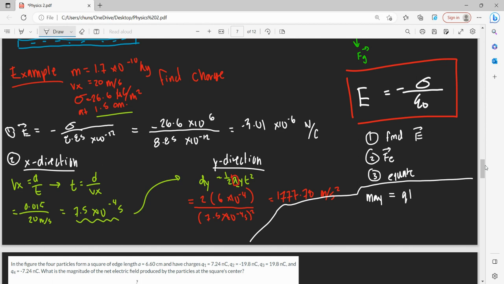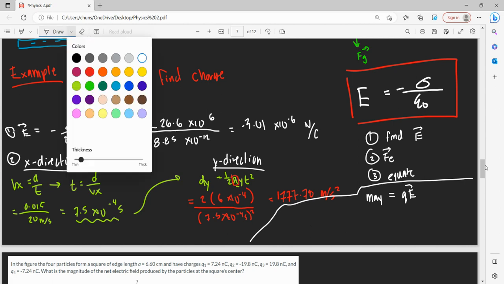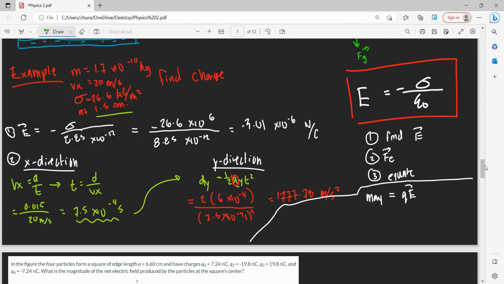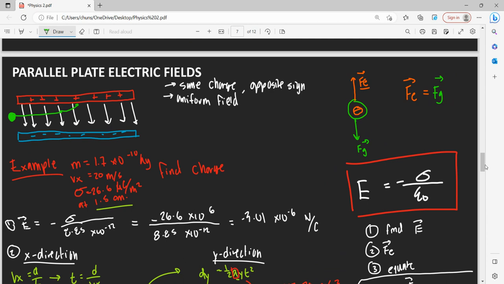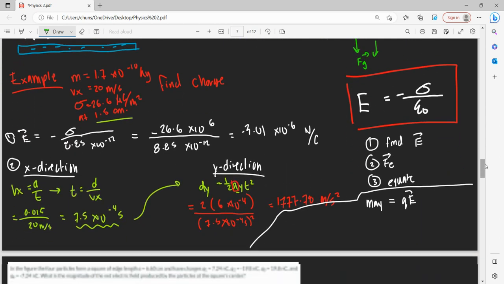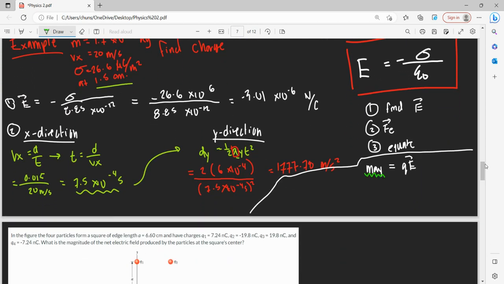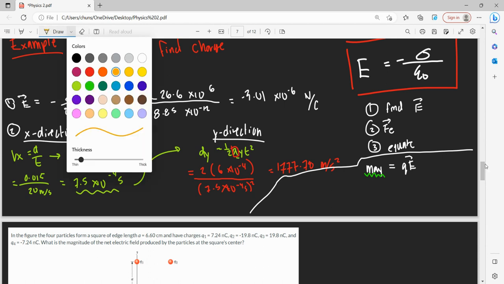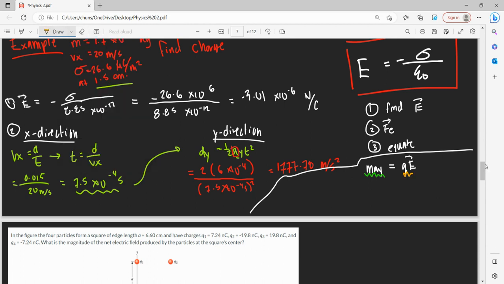And we know qE is equal to our electrostatic force. So I'm going to color these in. According to our diagram up here, our left side represents our downward force, or upward force rather, and this represents our electrostatic force.